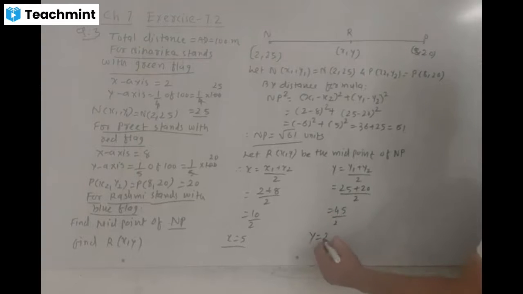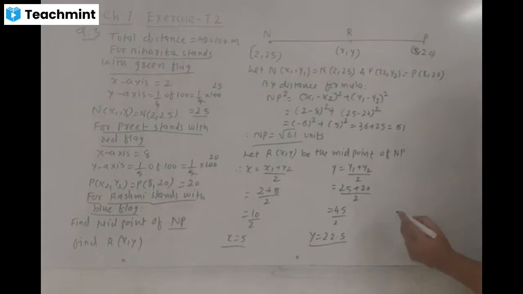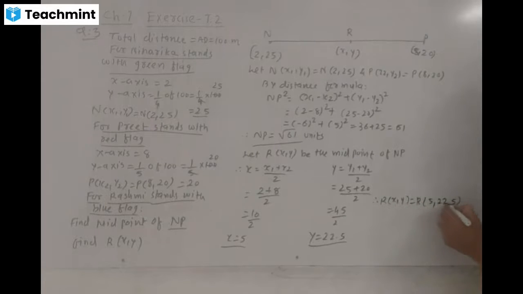Therefore, y is equal to 22 and a half. Therefore, R(x, y) stands at the point (5, 22.5). So Rasmi stands on the fifth line, at the point 22.5 on the y-axis. Okay.